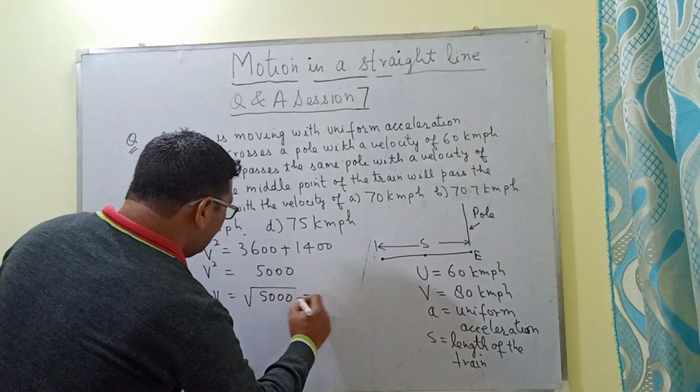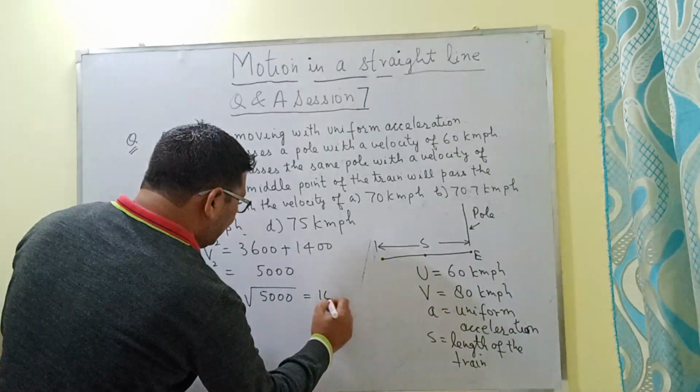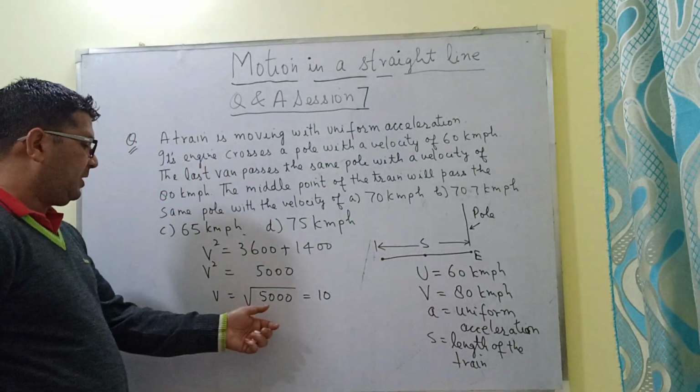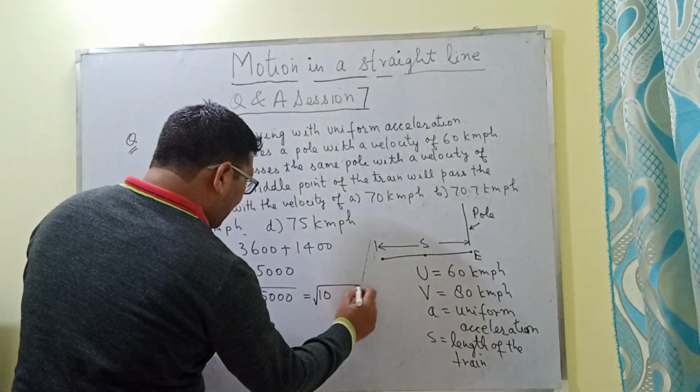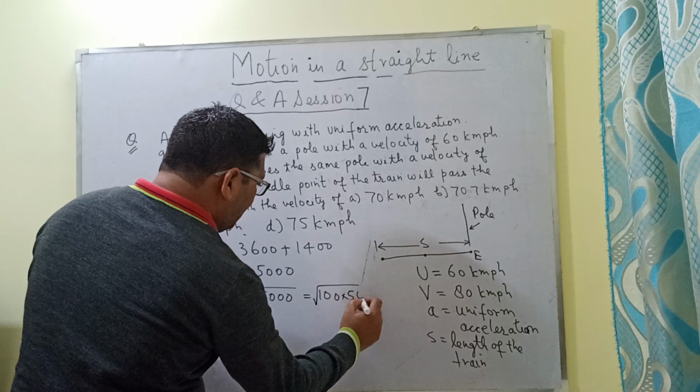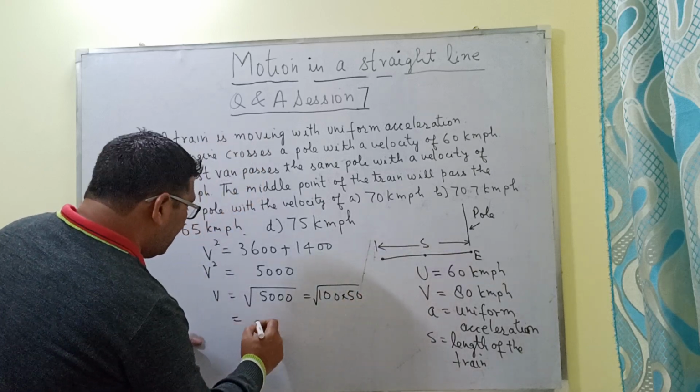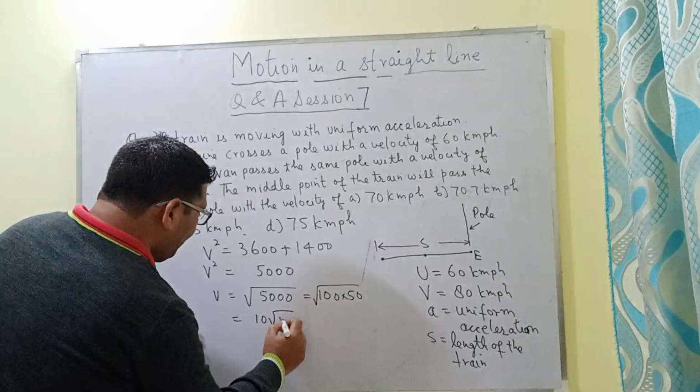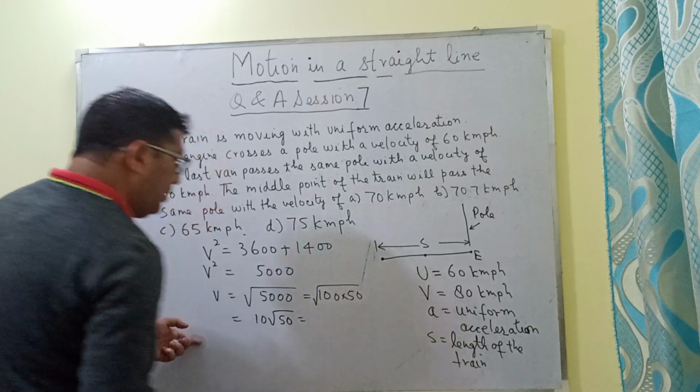So 5000 can be written as 100 into 50, so this is equal to 10 root 50.